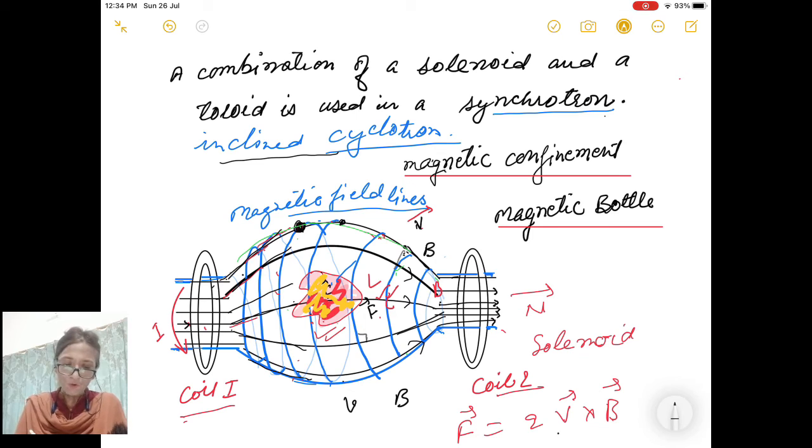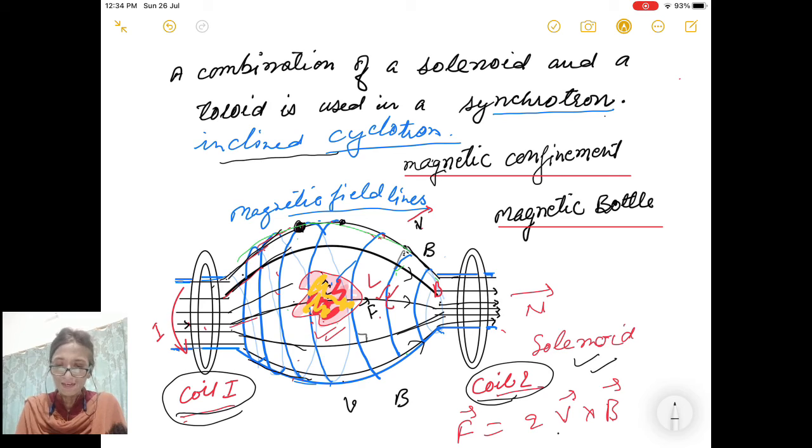A magnetic bottle consists of two coils, coil 1 and coil 2. These are actually solenoids. So we have two solenoids at the two ends, and you can see that field lines are going away from each other.